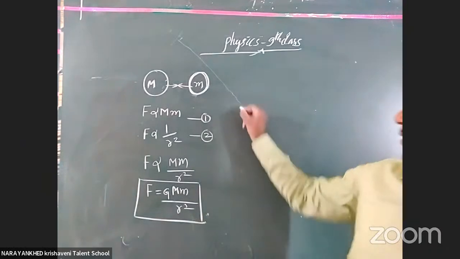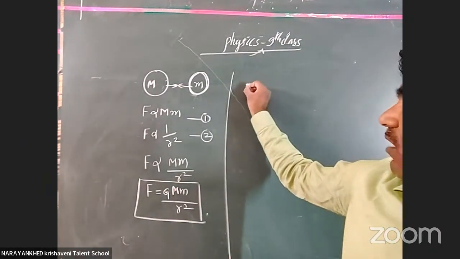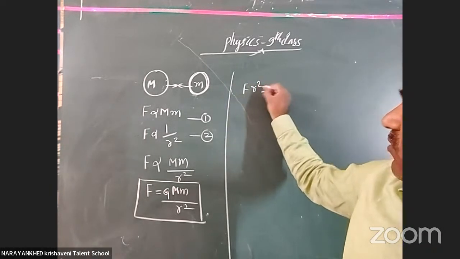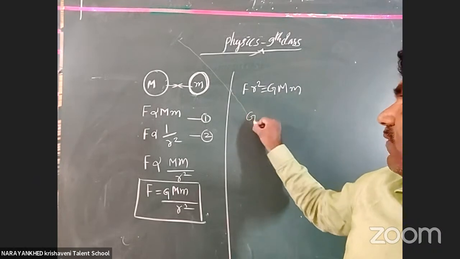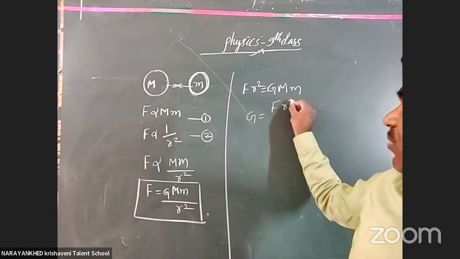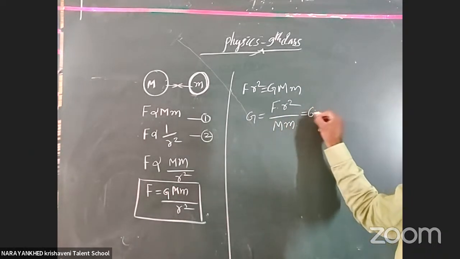How do we define G? From this equation, it is also written as F into r square is equal to G into M m. And G is equal to F into r square by M into m. This is the constant value.